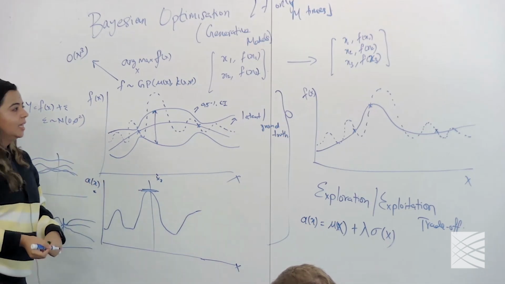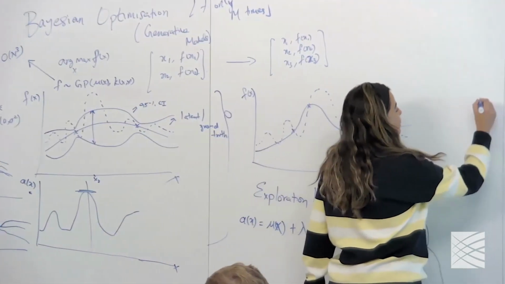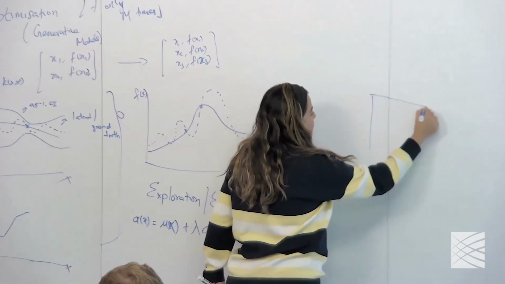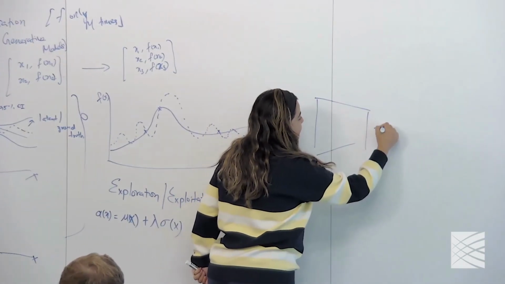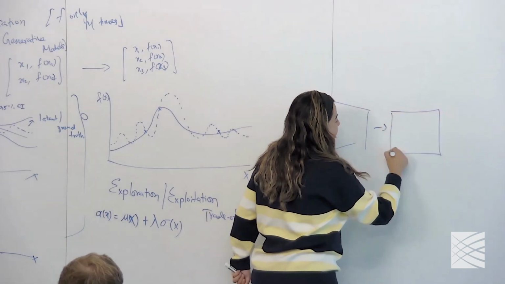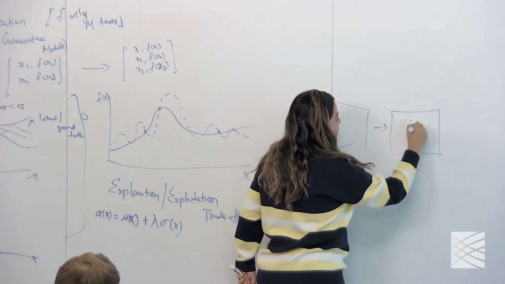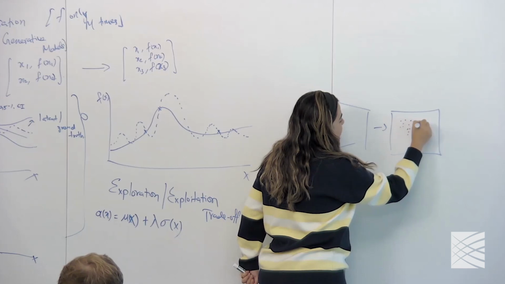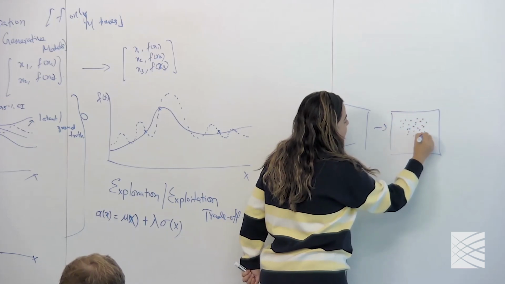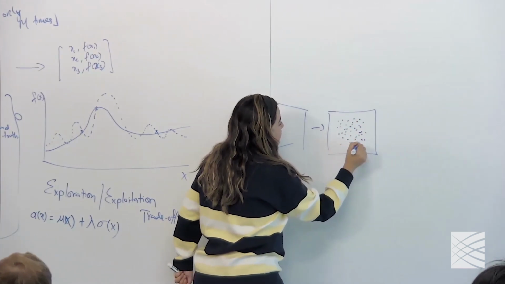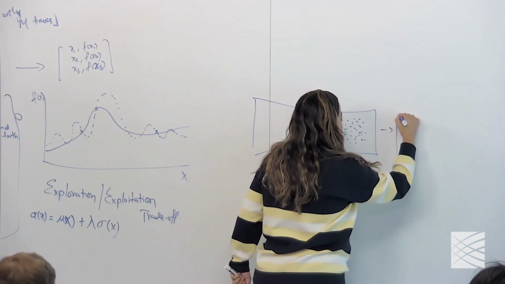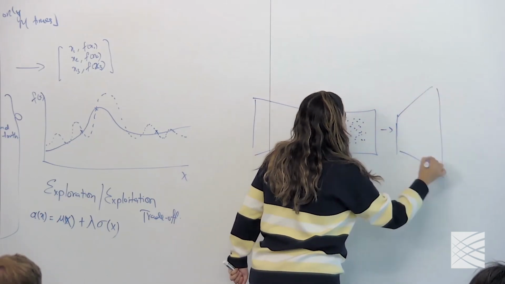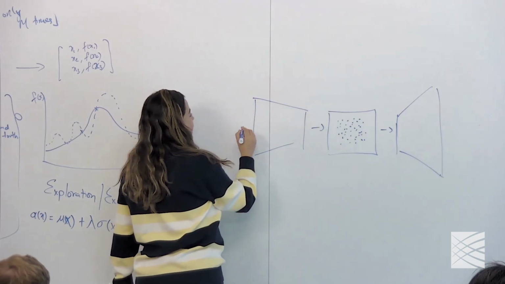But in the case of generative models, assume you have a generative model for small molecules, right? So you have a VAE-like setup, and you have a latent space, which is supposed to be low dimensional, but let's say it has about 10 or 15 dimensions, and you have a decoder.